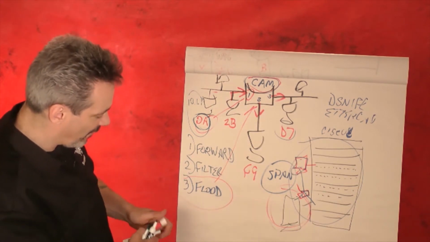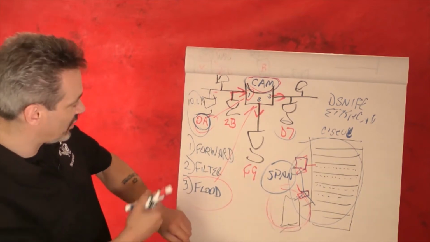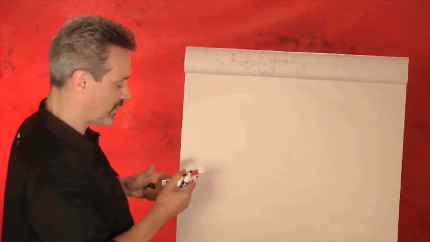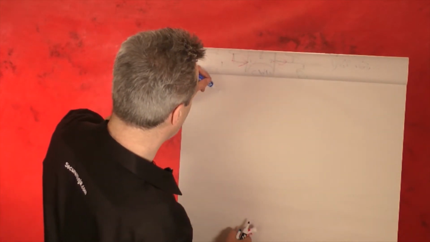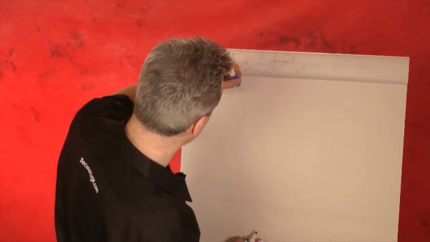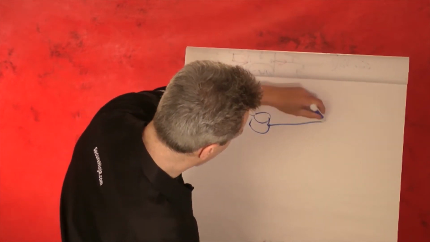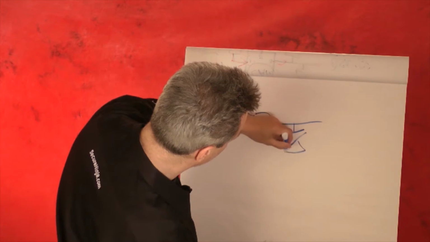Another way to sniff, and since we do know there's an ARP table, every time you boot up, let's draw a very simple network. Go out to the internet, I've got a simple router here, and behind that router I've got a couple of workstations.